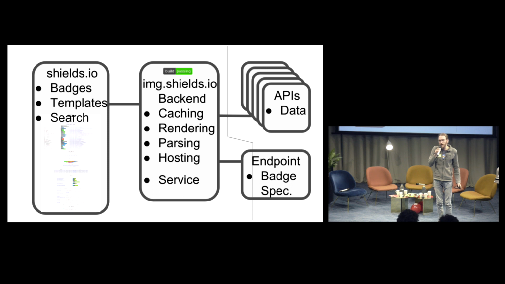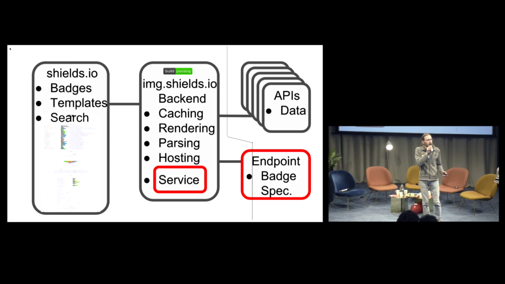And what I actually find most interesting for me as a contributor is that I would like to create a badge, for example, for F-Droid or for my app version that I created. And the only thing now, if I want to add this badge, that I need to worry about is this small red part over there. So the front end and the templates, everything I get if I contribute to shields.io.